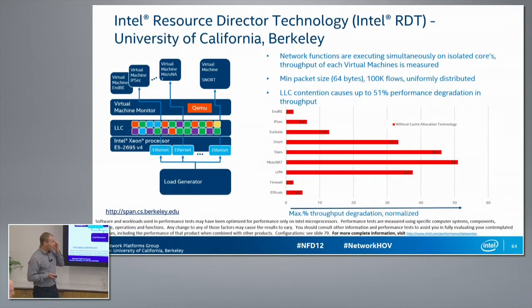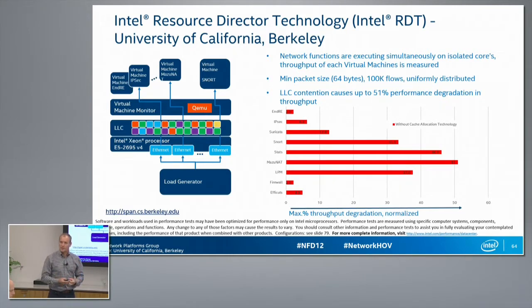So when they ran various of these virtual machines side by side, and this is where that first data point I quoted earlier came from, on the network address translation application they incurred up to 51% performance degradation when they were running several applications in parallel with that application. So this is an indication that network address translation, or at least this version of network address translation, is very cache sensitive.